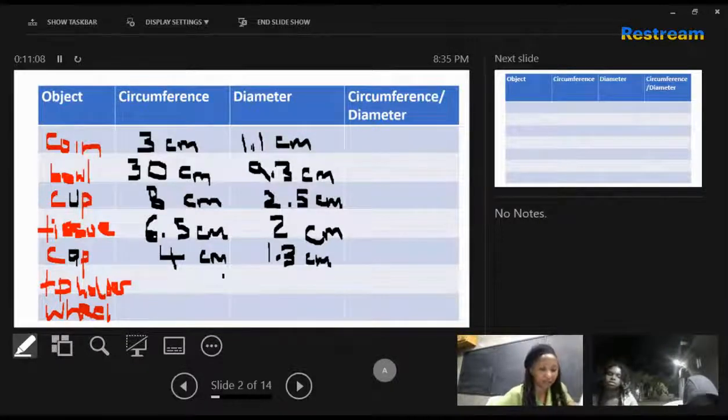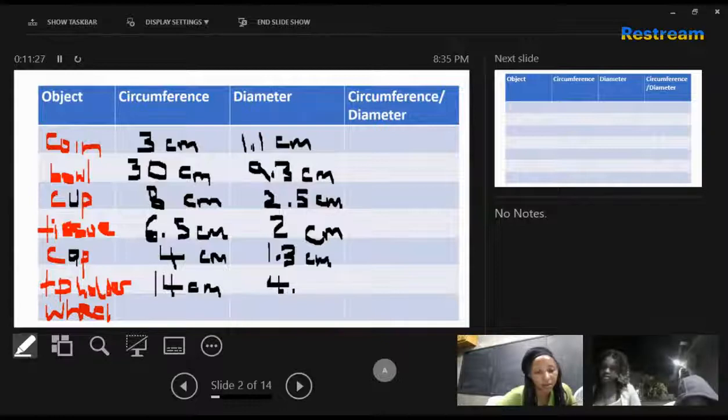For the toothpick holder, I got 14 centimeters for the circumference. And for the diameter, I got 4.3 centimeters.